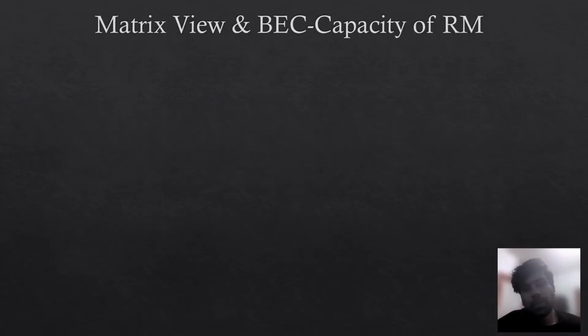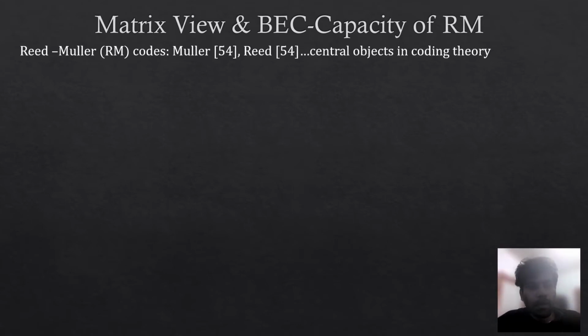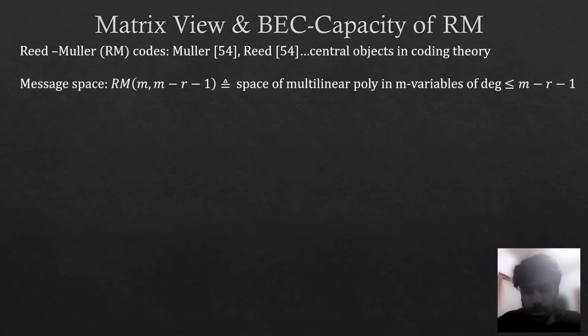So moving on to the matrix view of this question and its connection to the binary erasure channel for Reed-Muller codes. Let's refresh what Reed-Muller codes are. Of course, they are our favorite codes in coding theory.